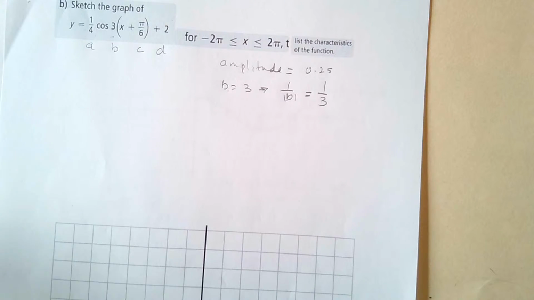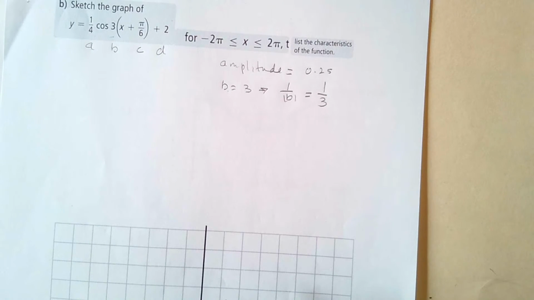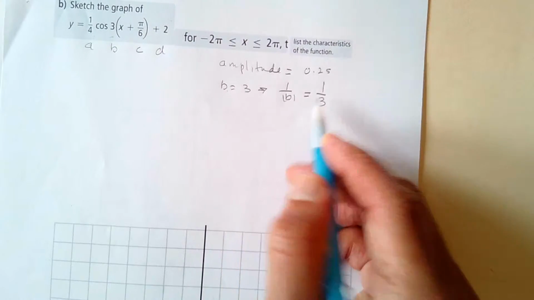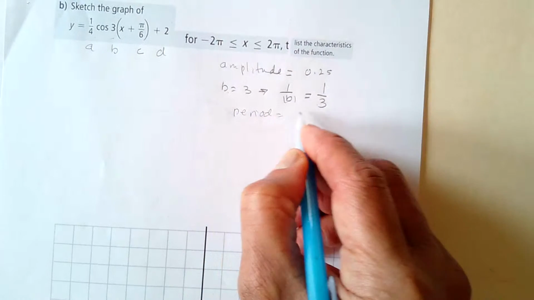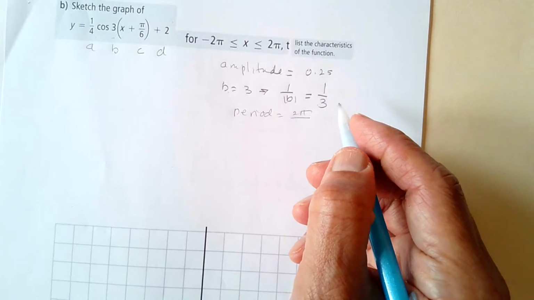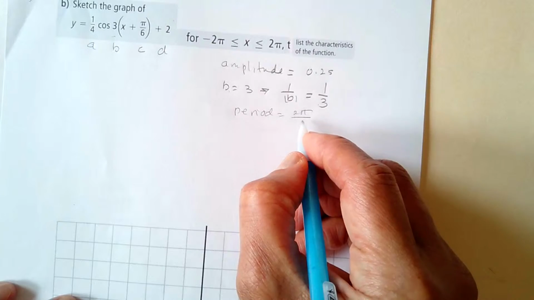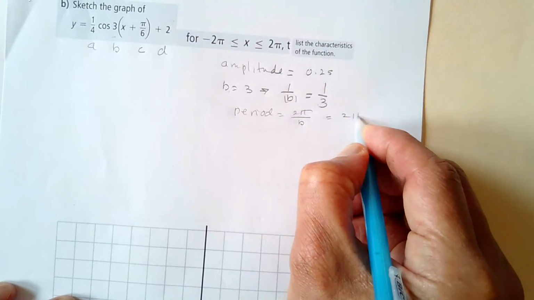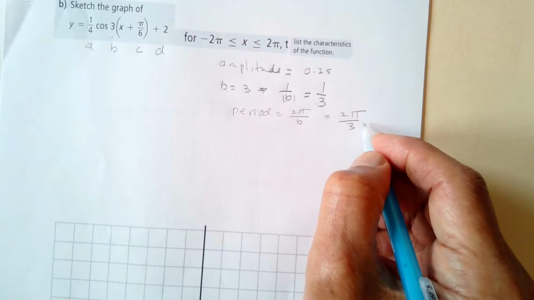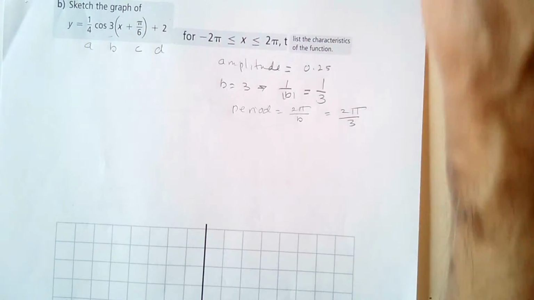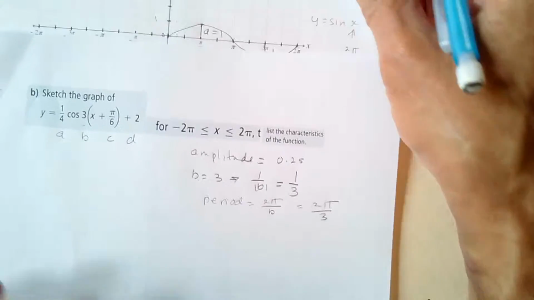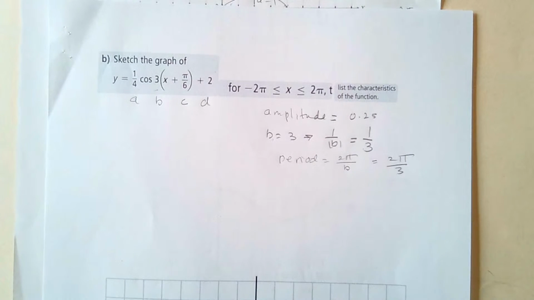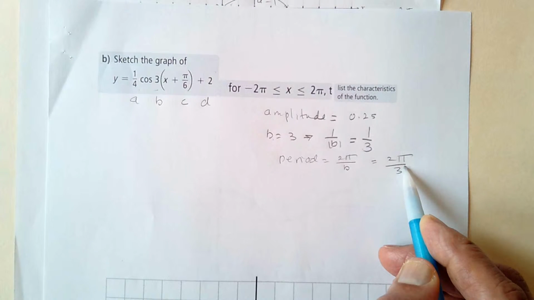So the period here is 2 pi over b, which is 2 pi over 3. Instead of the period being 2 pi as in the regular cosine, we now have a period of 2 pi over 3.